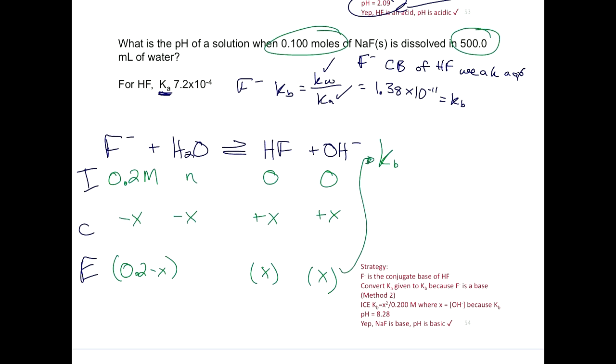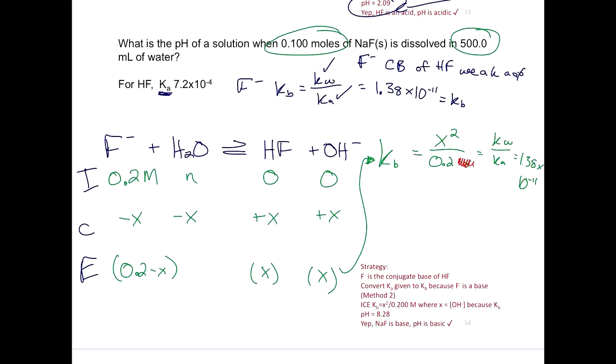So the E line goes into Kb. It ends up being x squared over 0.2 minus x equals that Kb we just solved for, where Kb is Kw over Ka, equal to 1.38 times 10 to the negative 11. Is it simple to solve this as is? Nope. So what should we do? Approximate.